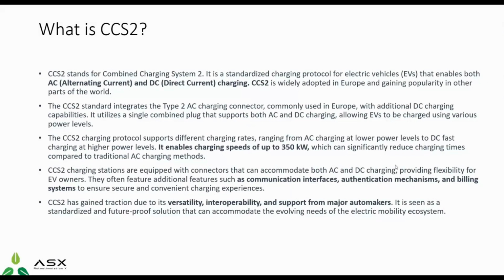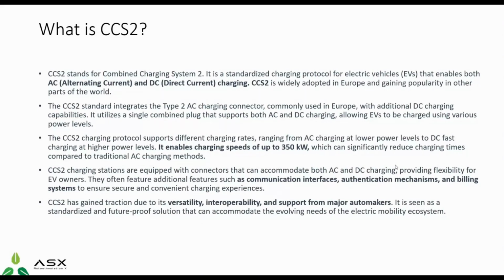Right now in India it is continuously increasing, and we'll see more kilowatts in the future as the vehicle charging system, battery and BMS grow.